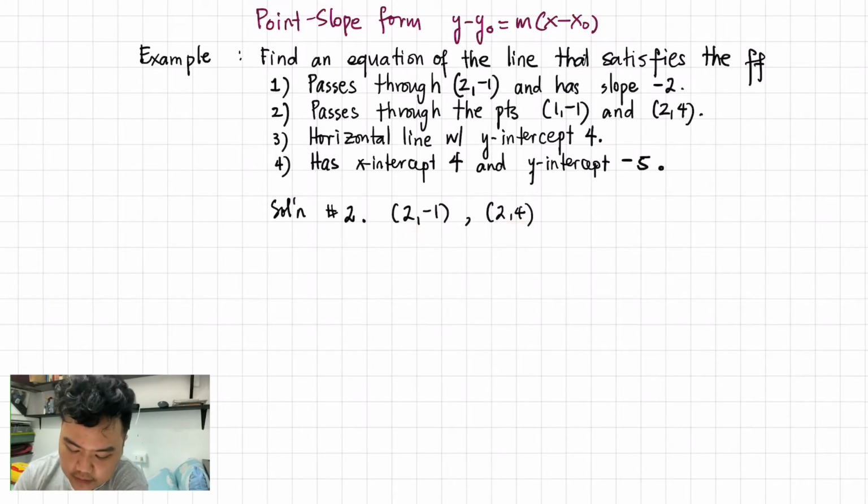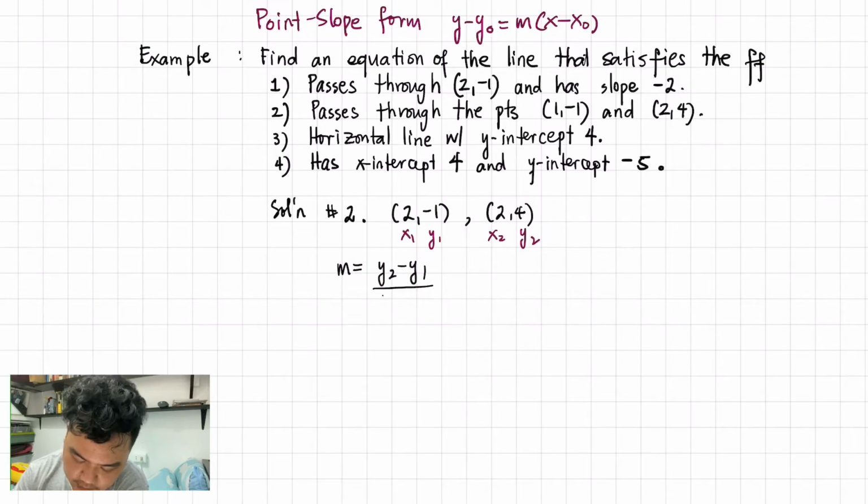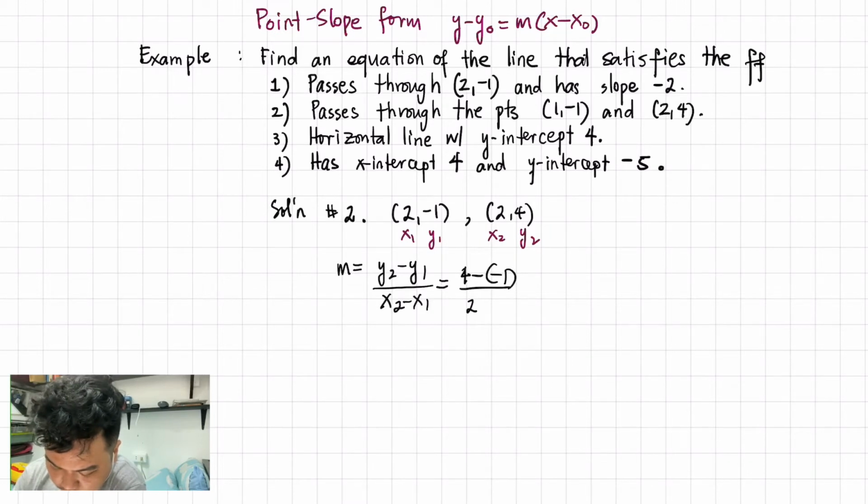For the slope, let's say this is (x1, y1) and (x2, y2). So the slope is y2 minus y1 over x2 minus x1, or 4 minus -1 over 2 minus 1.